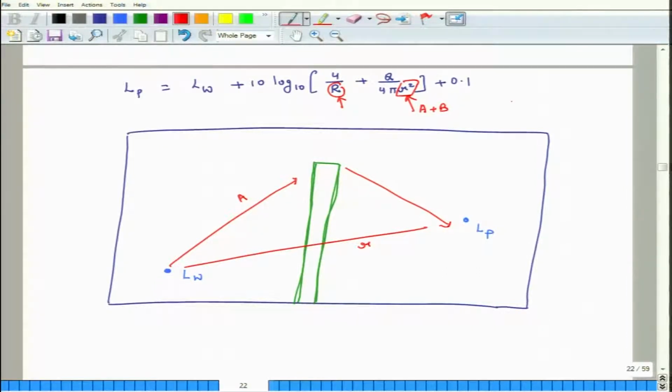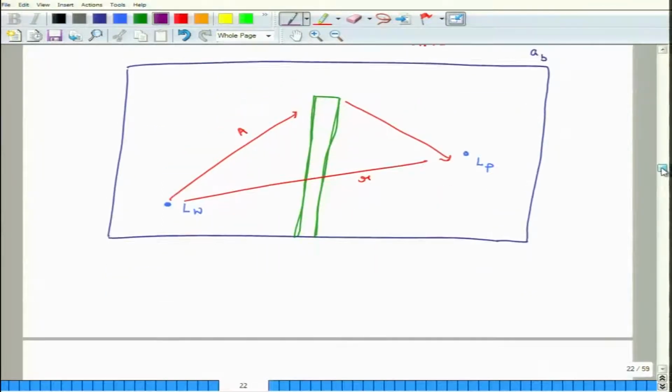Some of the sound is transmitted and that fraction is AT, and some of it is diffracted and that is AB. So, in the numerator I also introduce a new term, and that is AT plus AB.